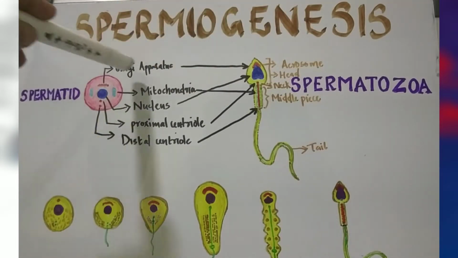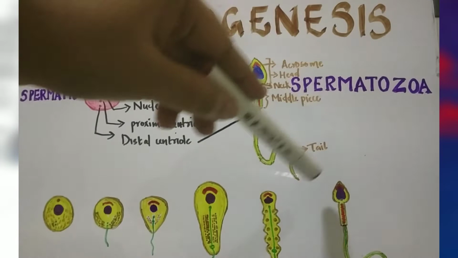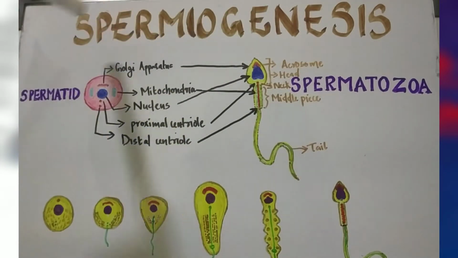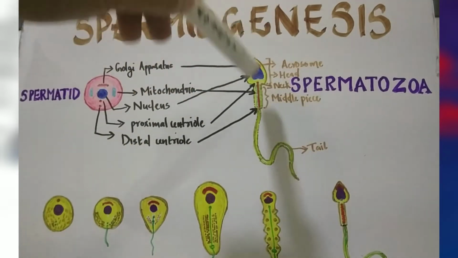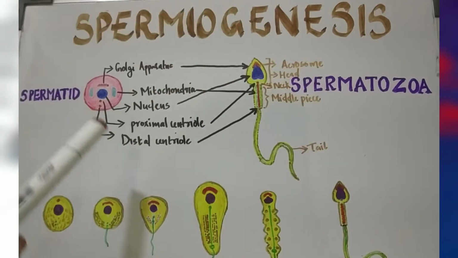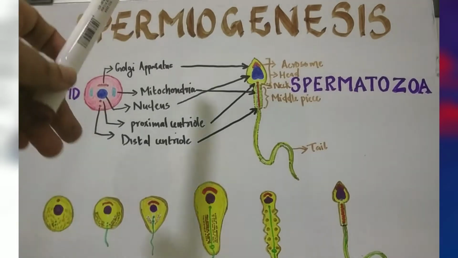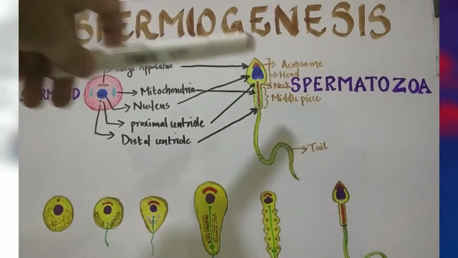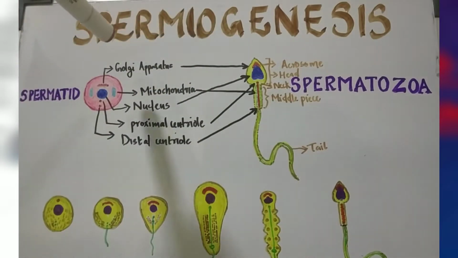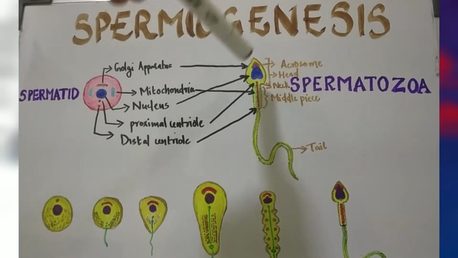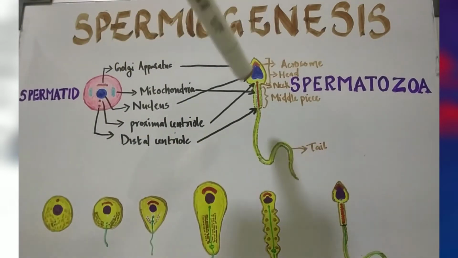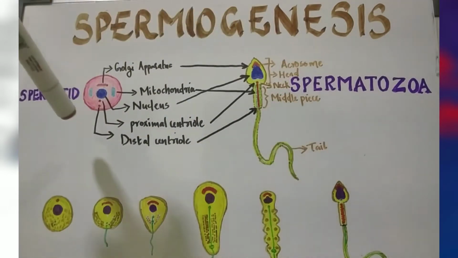So this is a spermatid and this is a spermatozoa, and in the spermatid certain changes occur, and as a result spermatozoa is formed. The spermatid has many structures, and all of them are involved in the formation of the spermatozoa. The Golgi apparatus is involved in the formation of the acrosome. Mitochondria form a sheath in the middle piece.